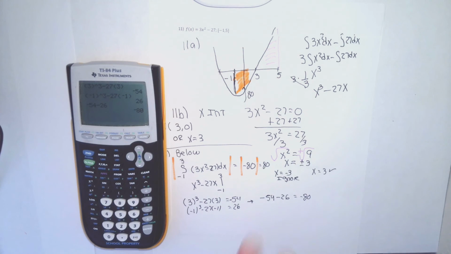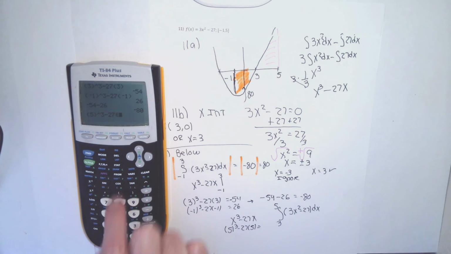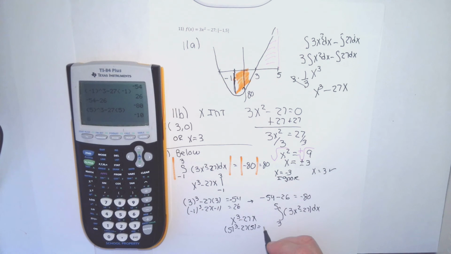Next, I'm going to do the region above the x-axis, and I'm going to integrate from 3 to 5 of that same function, 3x squared minus 27 dx. And I already know the integral comes out to x cubed minus 27x. So I'm going to use the x cubed minus 27x, plug in 5, and do 5 cubed minus 27 times 5, and get -10.